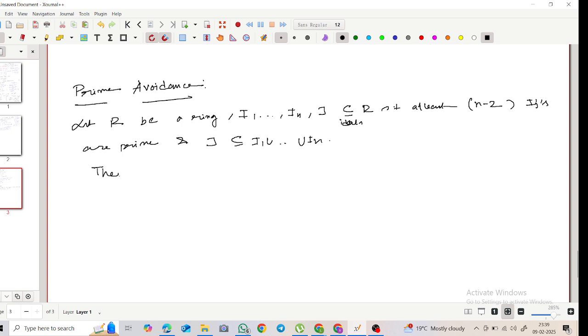Then J is a subset of some Ij. The statement is clear. If J is contained in the union of n ideals among which at least n minus 2 are prime, then J has to be contained in a single ideal.